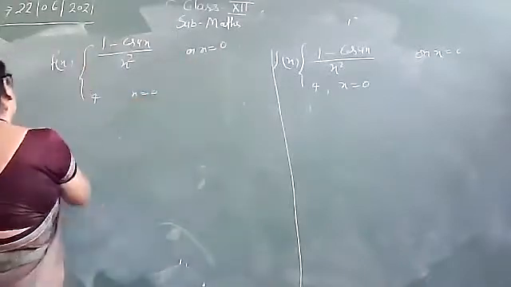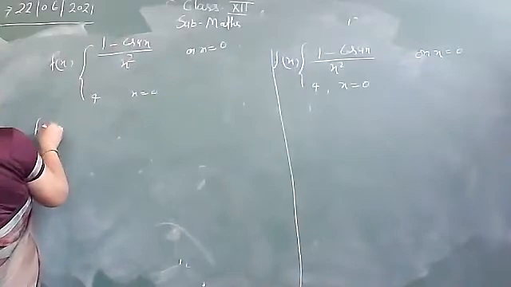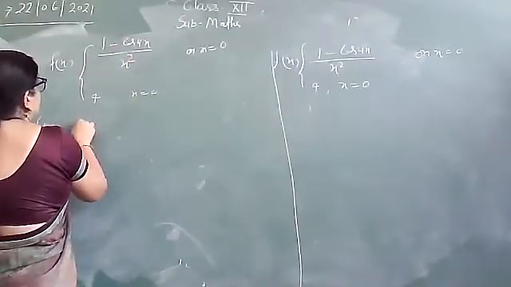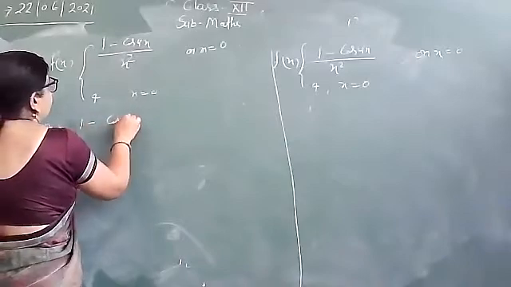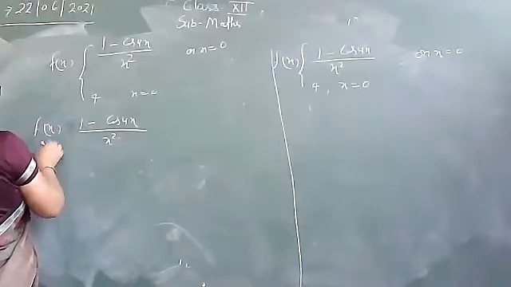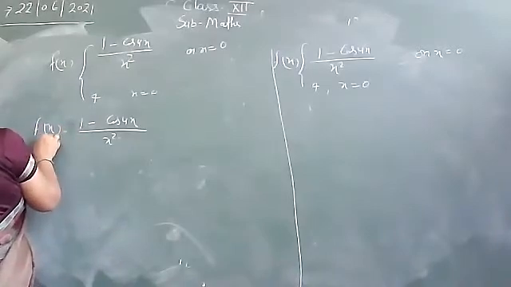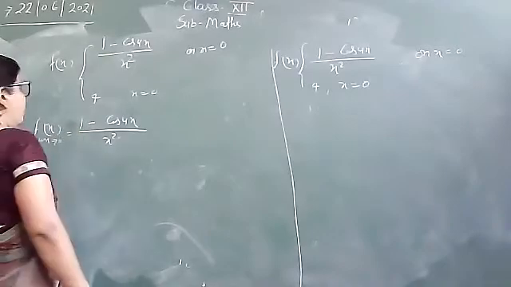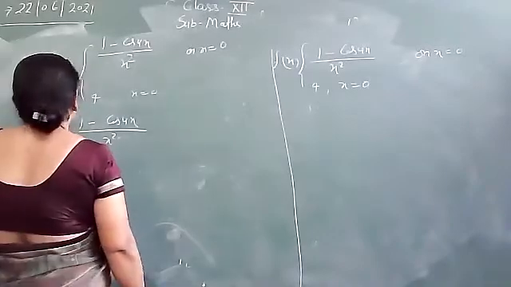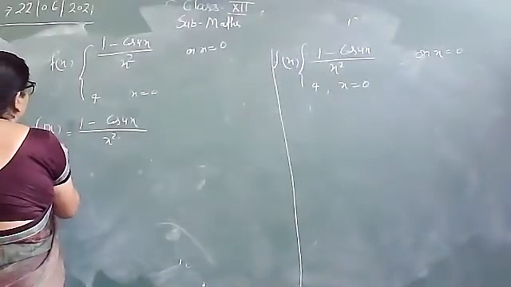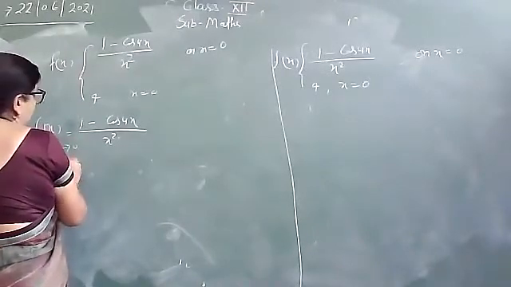So first we solve f(x), 1 minus cos 4x upon x square, limit x tends to 0.